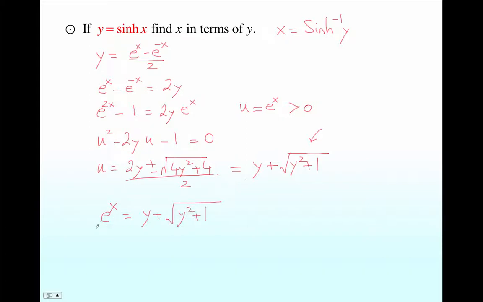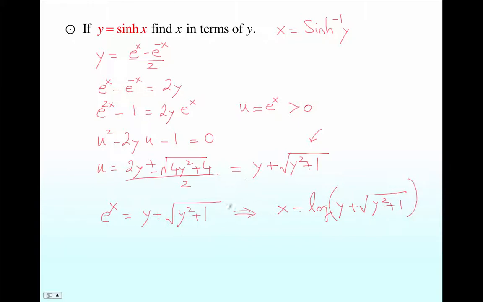Now, you remember that if you take the log of e to the x, then that is just x. And so if I take the log of both sides, I get x is equal to log of y plus square root of y squared plus 1.